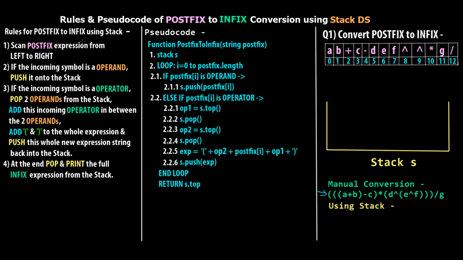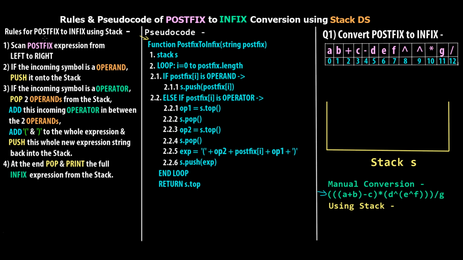Okay, so pseudocode is pretty much language agnostic, which means that it is independent of any one particular programming language. So you can use this pseudocode in any general purpose programming language, and write a program in that language to convert a postfix expression to its infix format. Okay, the rules are more of an English way of representing the entire process, entire working. So let's first go ahead with the rules.